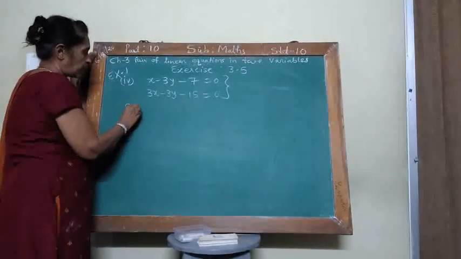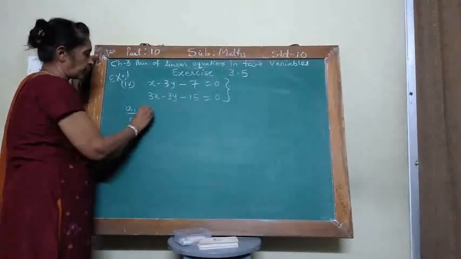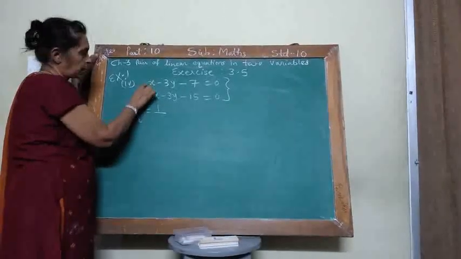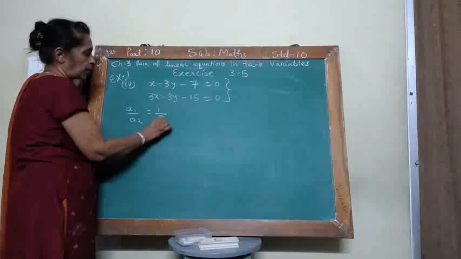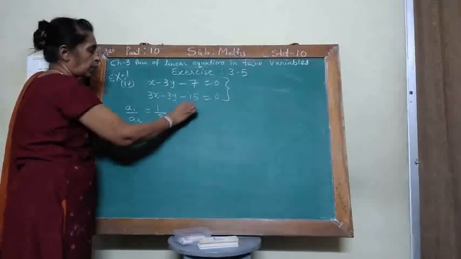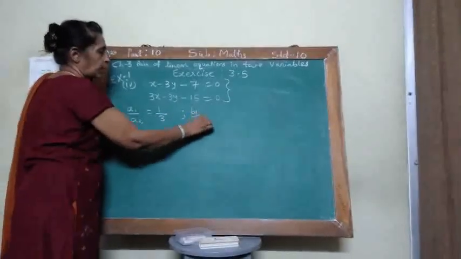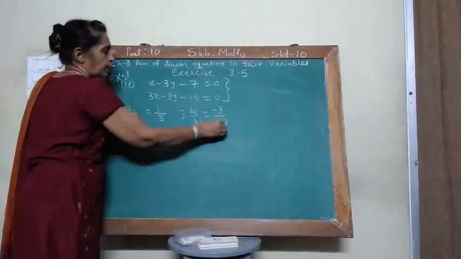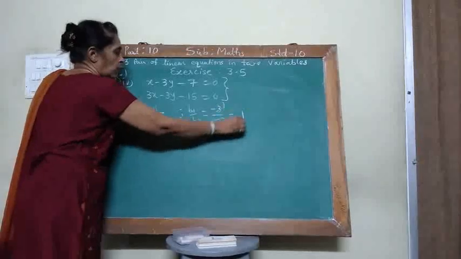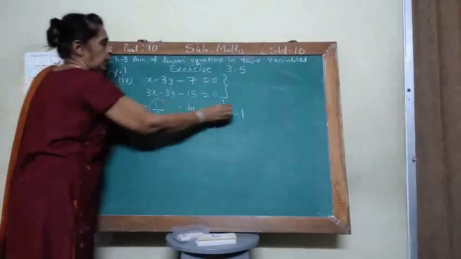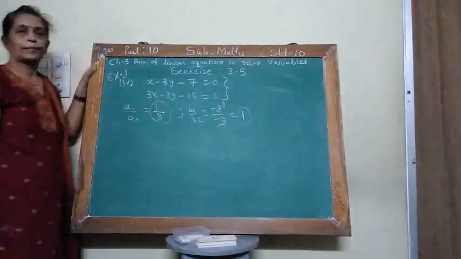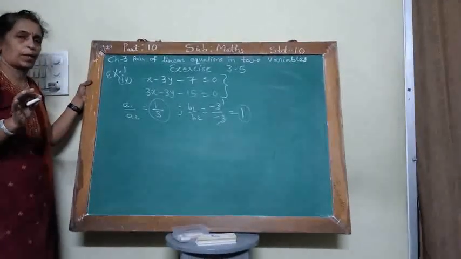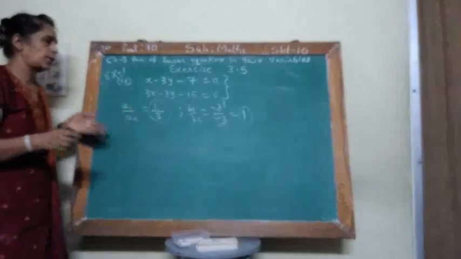Now I first find the ratio A1 upon A2: 1 upon 3. If there is no coefficient, then it is 1. What is the value of B1 upon B2? Minus 3 upon minus 3, minus minus plus, so 1. And 1 upon 3 and 1 are not equal. No need to check C1 upon C2, because the first two ratios are not equal.